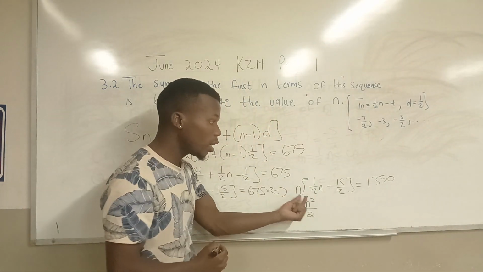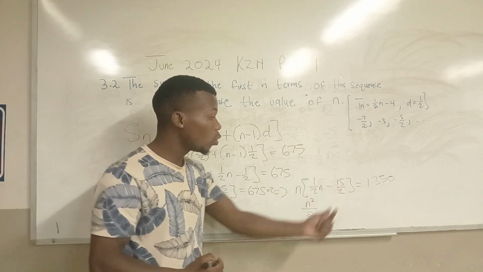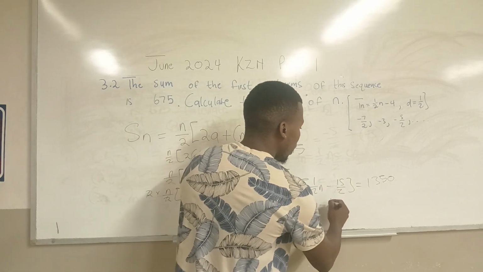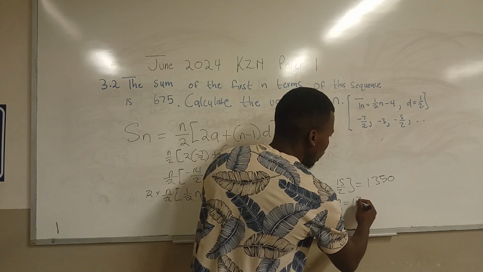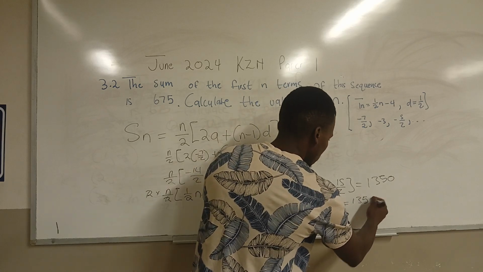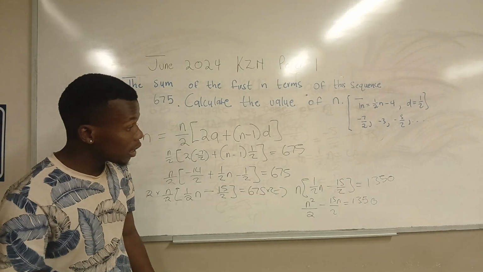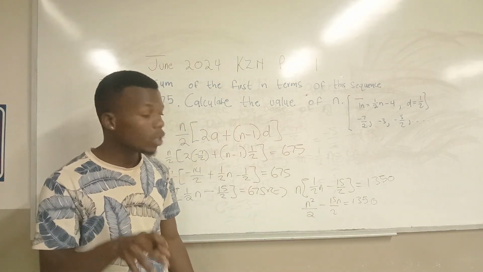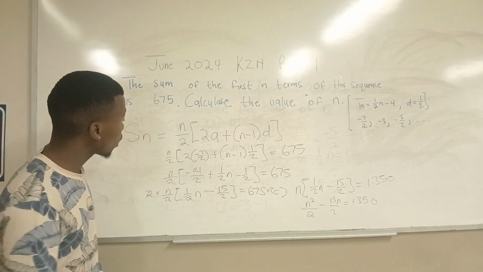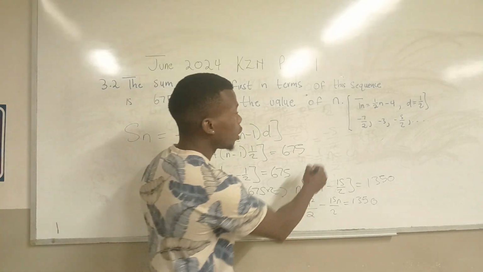Then n multiplied by negative 15 over 2 will be minus 15 over 2 n, which equals 1350. Then I can multiply both sides by 2 to simplify my equation. What you do on the left hand side, you also do on the right hand side.